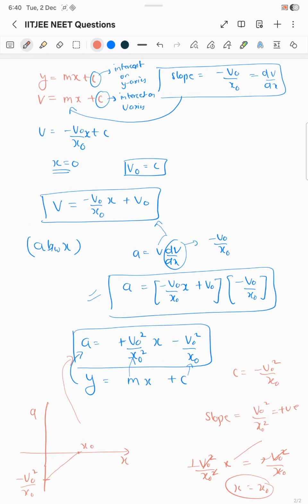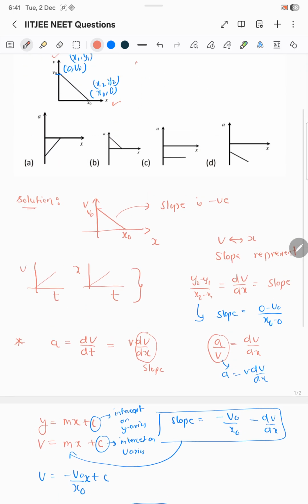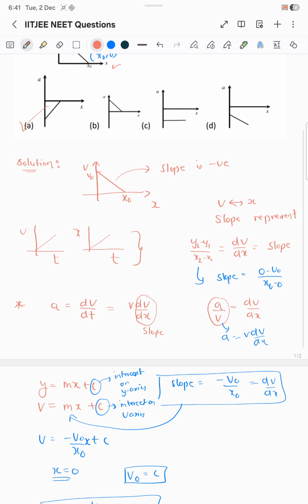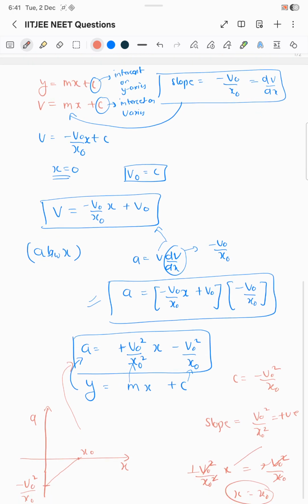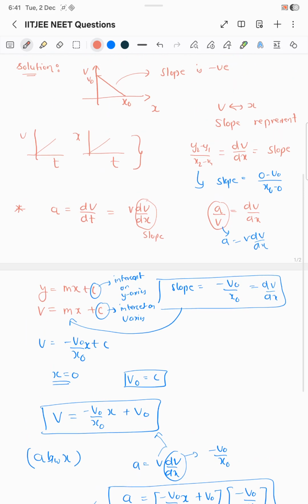From this graph you can check which option matches our answer. So option A is our correct answer. I hope you got this. If you want to ask any doubt, you can comment down. The idea was simple.